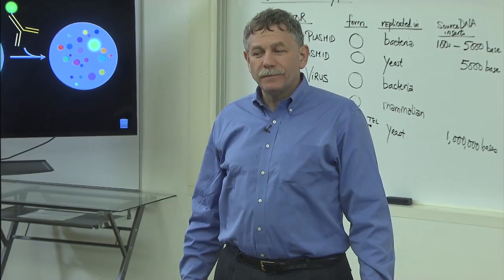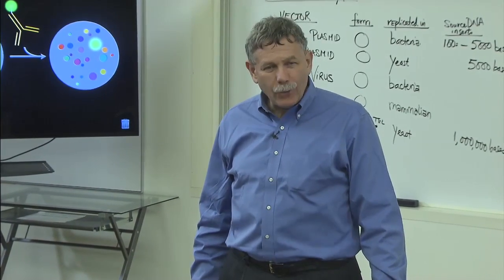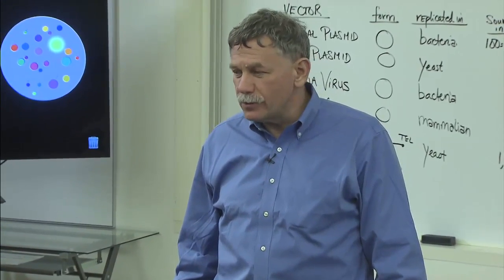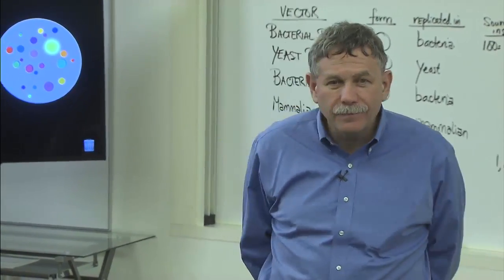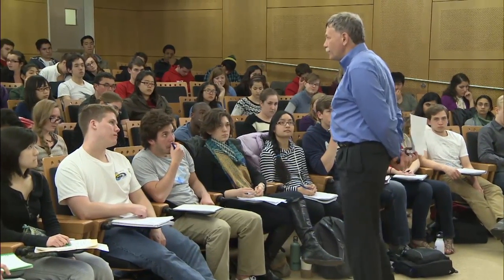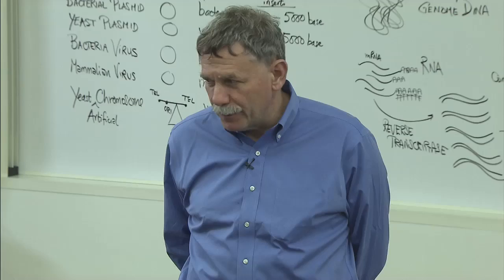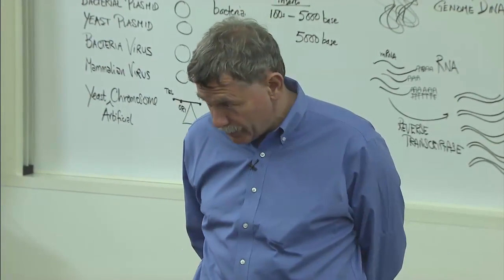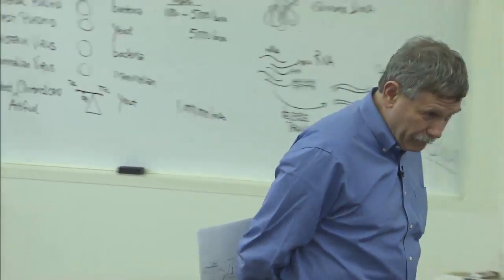Last question. How do I clone the gene for cystic fibrosis? By now, I bet you're thinking you're probably not going to do it by complementation, by injecting it into patients with cystic fibrosis and trying to rescue them. That's a bad idea.